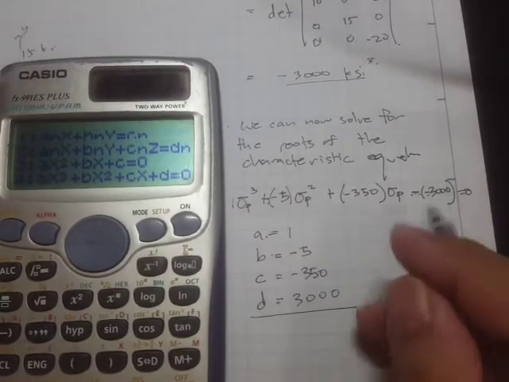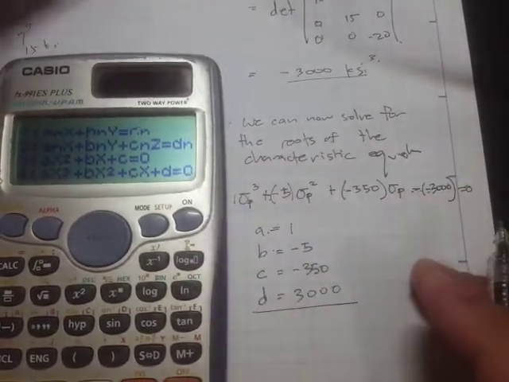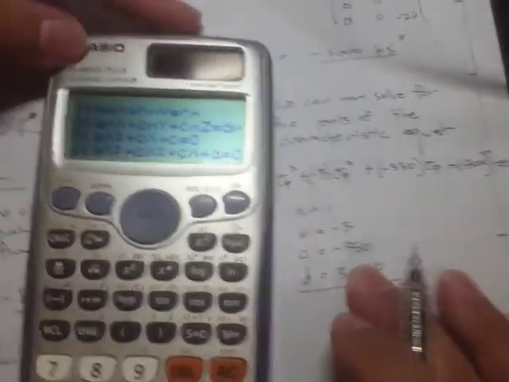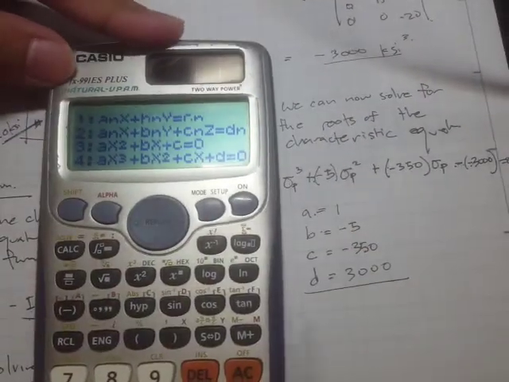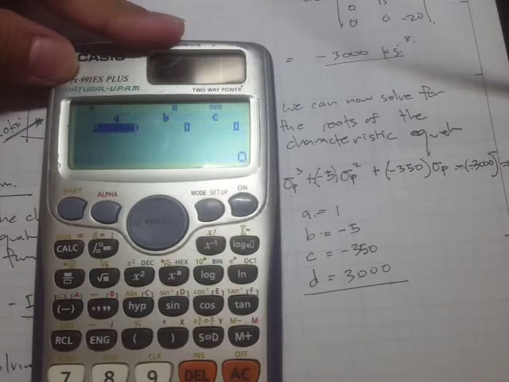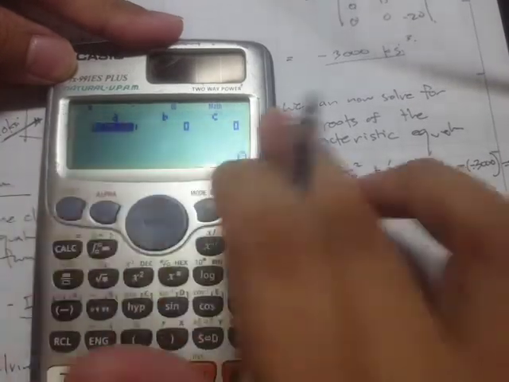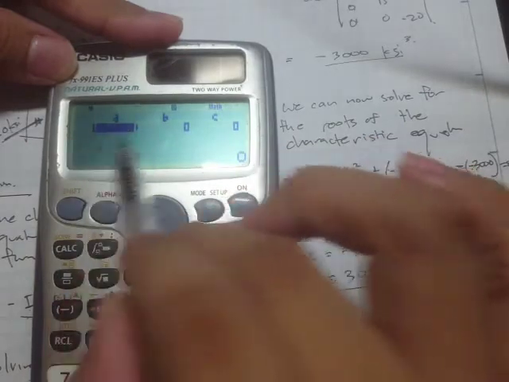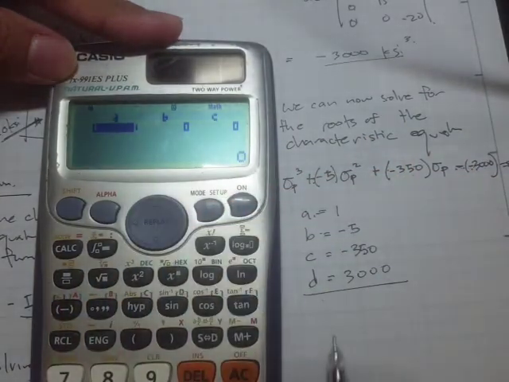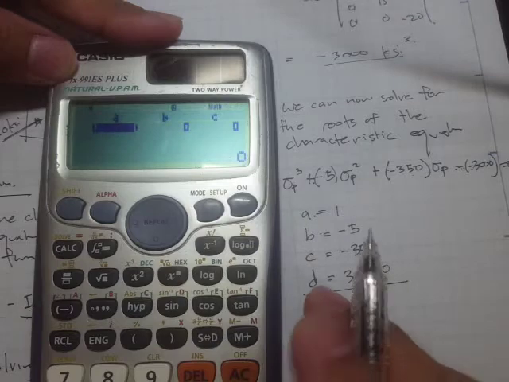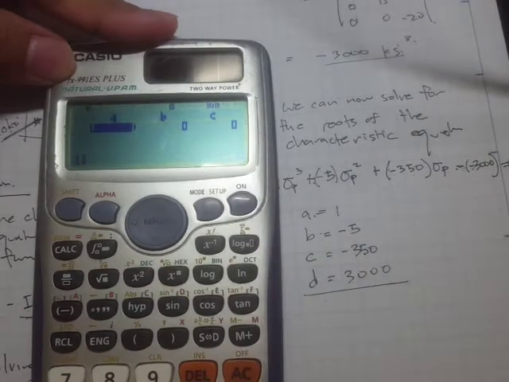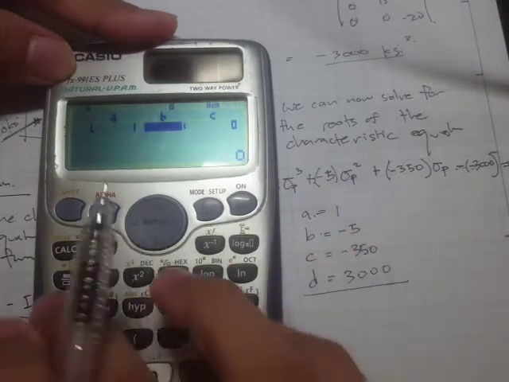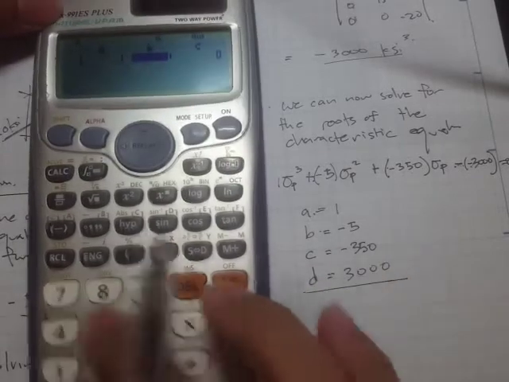So we are going to input these values in our calculator. Just press 4. Right here we have a space wherein we can input the coefficients. For letter A, this is 1. For letter B, this is negative 5.